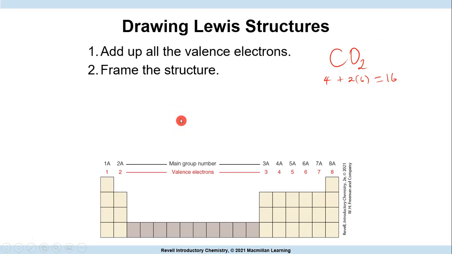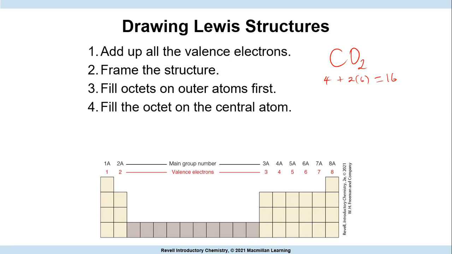Now, what is the third rule? The third rule states that we have to fill octets on outer atoms first. There is what is called a central atom, and the other atoms are called the outer atoms. Shortly, I will show you how to decide which atom is the central atom. Now, the fourth rule is that you have to fill the octet on the central atom.